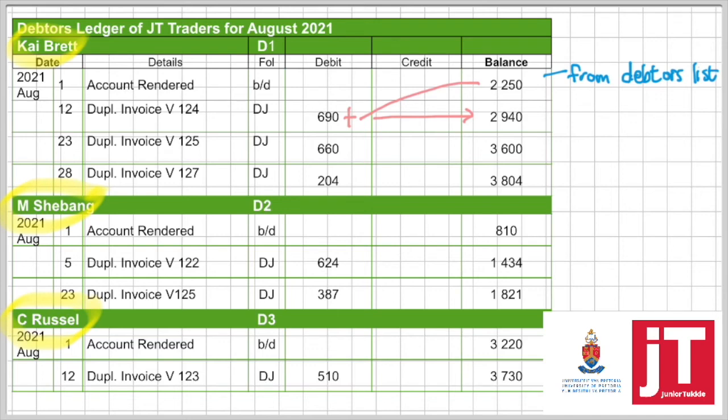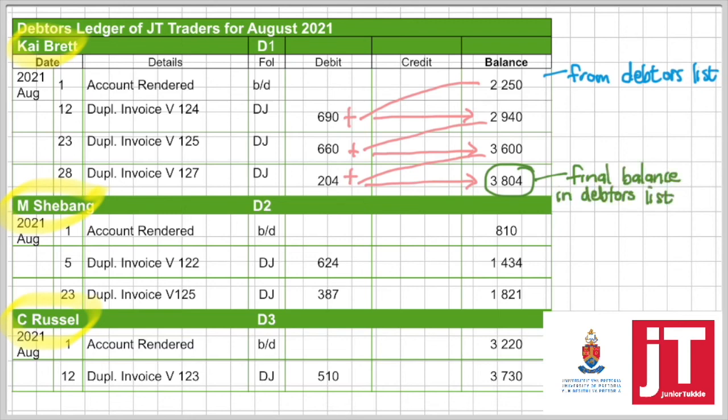So the 660 Rand, and then yet again we add the 660 to the 2,940 and we get 3,600. And then the same on day 28, we have 204 Rand and we add it and we get a final amount owed by Kybrate of 3,804 Rand.